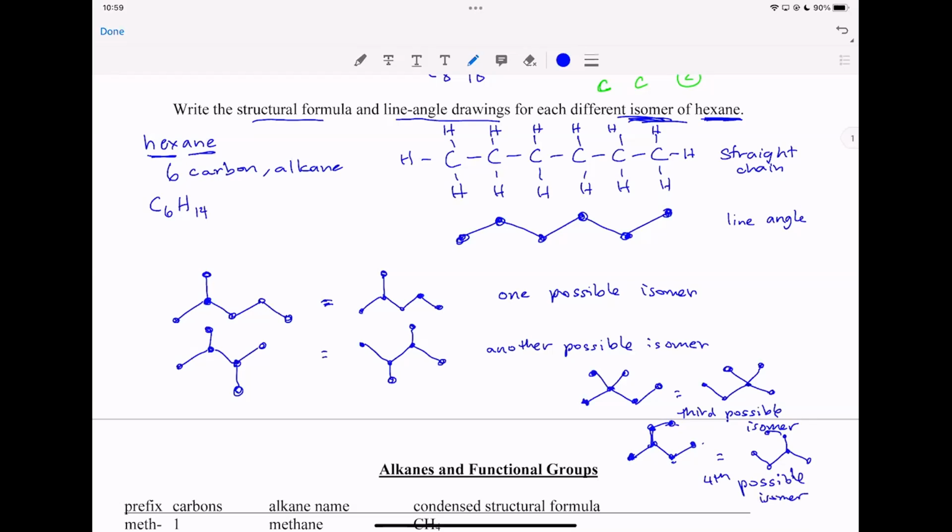Now, my point in all this is, first of all, understanding the line angle drawings. And second, understanding that branching. So this is called a branch when you have a carbon off the main chain. And branching allows for different structures with the same exact atoms. But when you have a different three-dimensional structure, that allows for a different function.